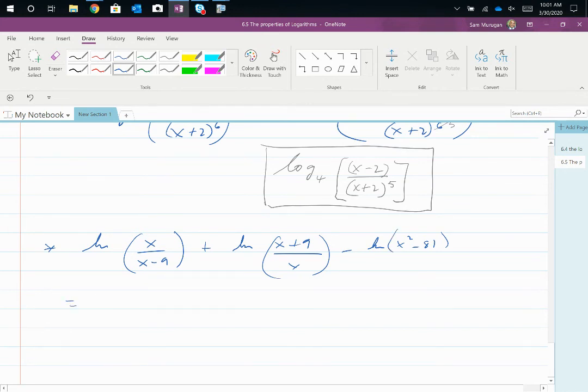So rewriting using the product and quotient rule, we have the logarithm of x over x minus 9 times x plus 9 over x, divided by x squared minus 81.